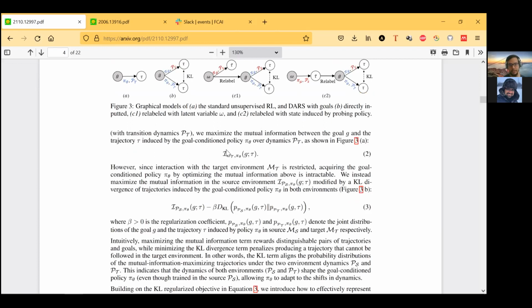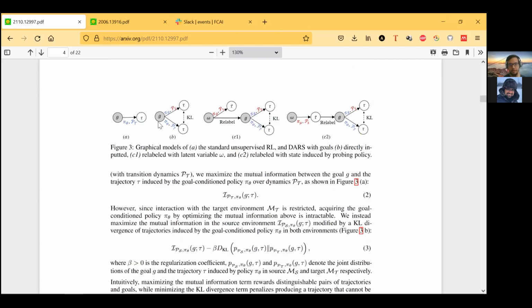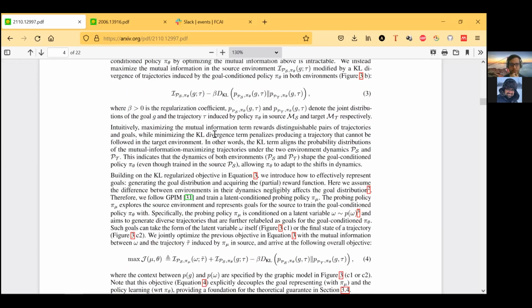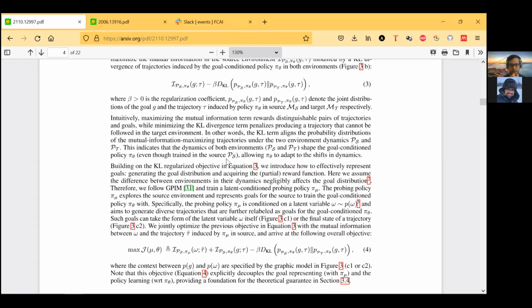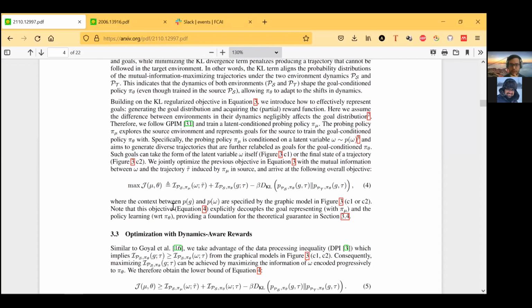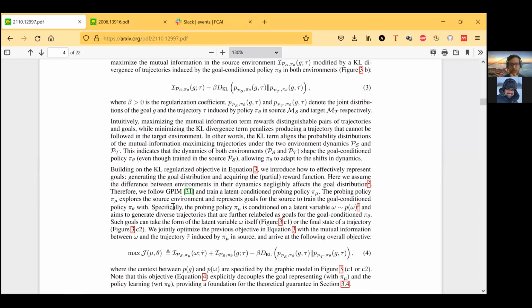So the next progression is to introduce this latent space to represent the goals, and with this you will also learn how to sample meaningful goals in the state space by sampling first in this latent space. So you will have two policies.